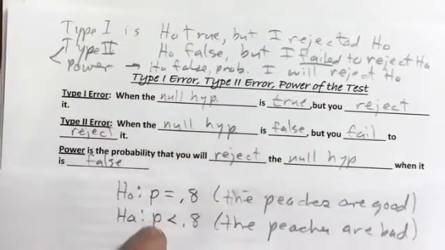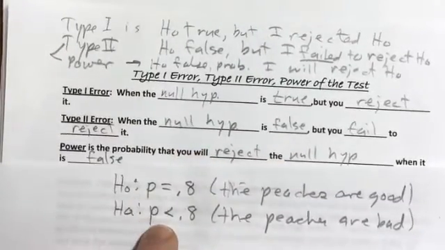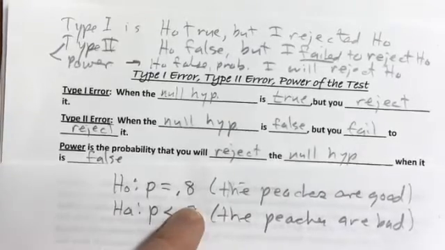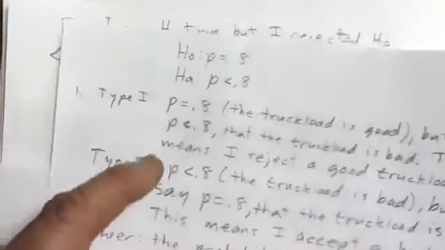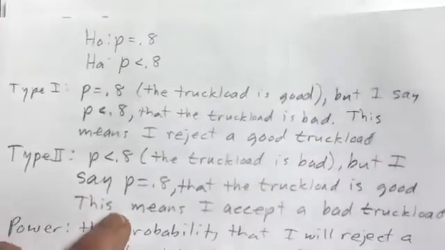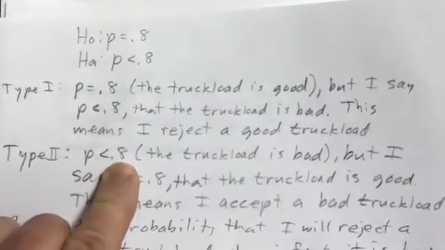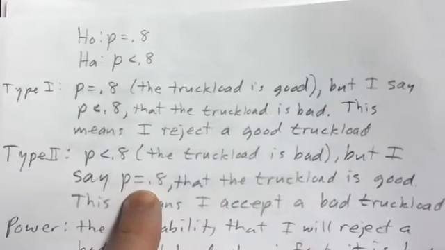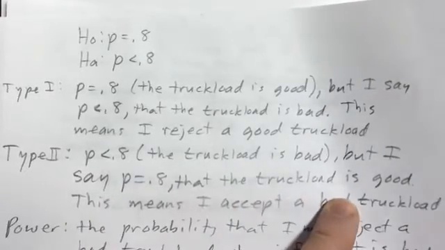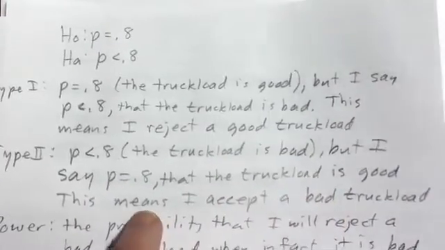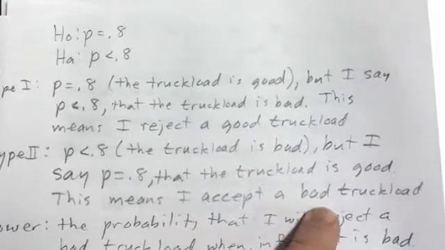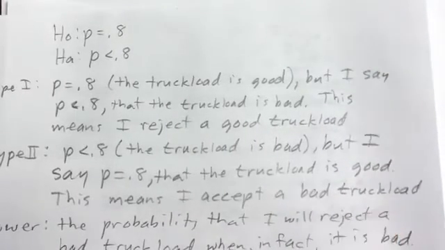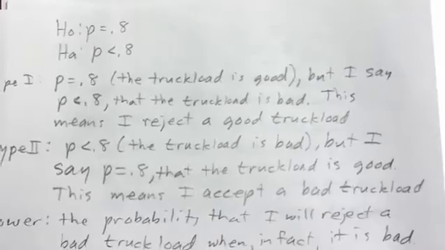In other words, P really is less than 0.8, the truckload really is bad, but I say that P is equal to 0.8, that the truckload is good. The consequence is that I accept a bad truckload. That's what type 2 error is, when you're accepting, in essence, things that are bad.